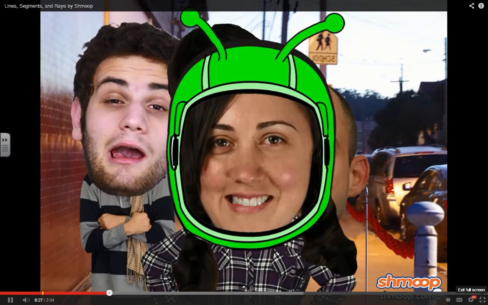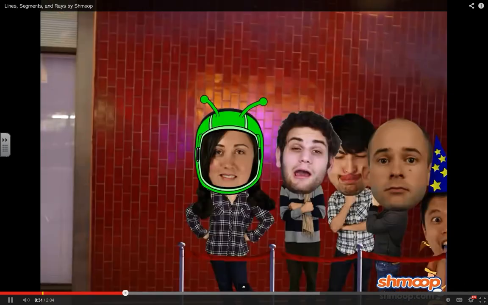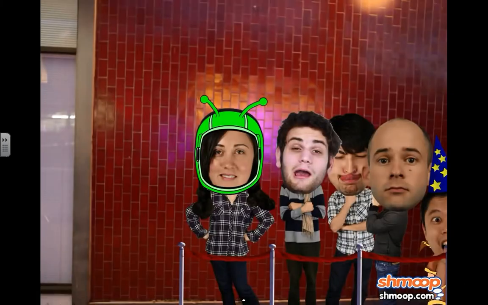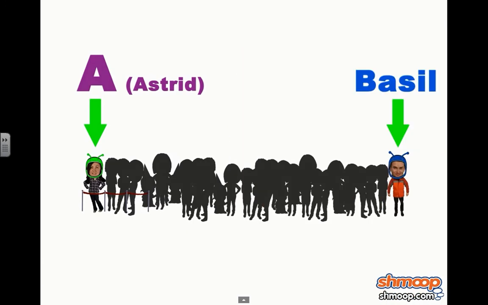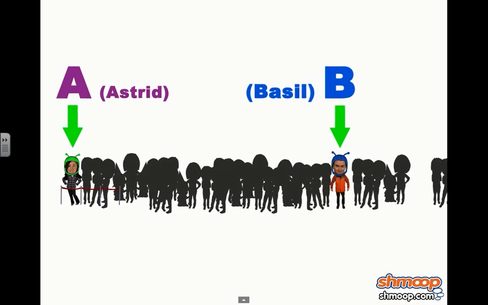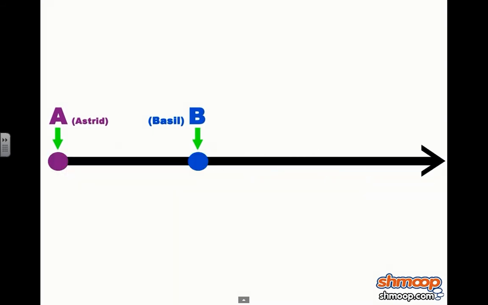For once in her life, she decides to relate her circumstances to a mathematical concept. Astrid is a stationary point at one end of the line, so let's call her point A. Her best friend, Basil, just got in line at the other end. He can be point B. The line is getting longer all the time as additional devotees arrive. More and more people keep appearing behind Basil because the game is so darn popular. In fact, the line is growing infinitely.